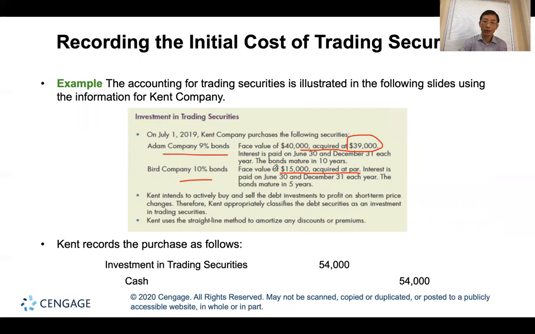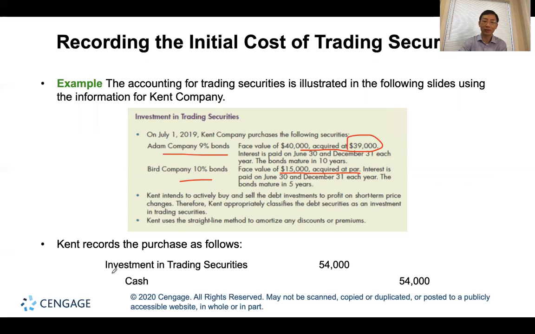So on the acquired day, we will use the historical transaction cost to recognize this activity.